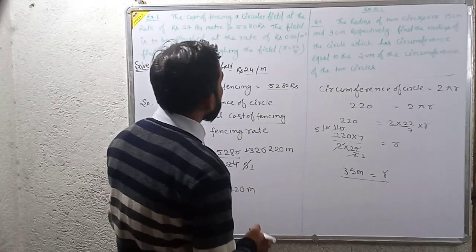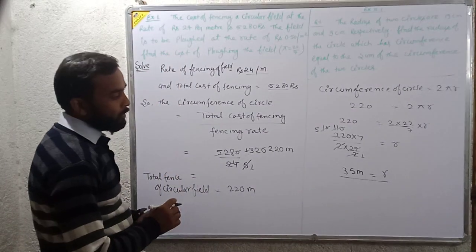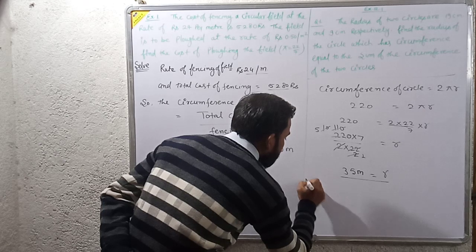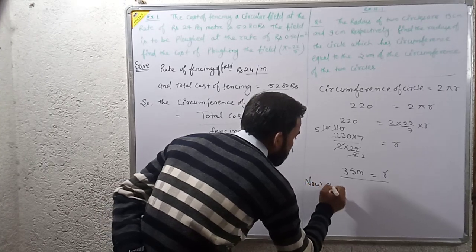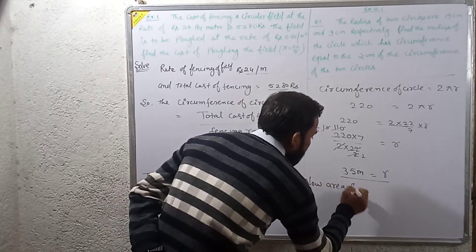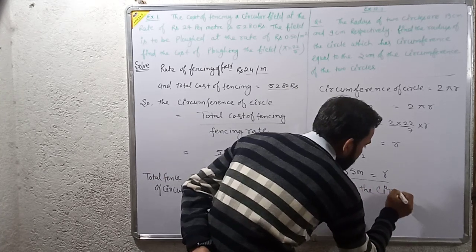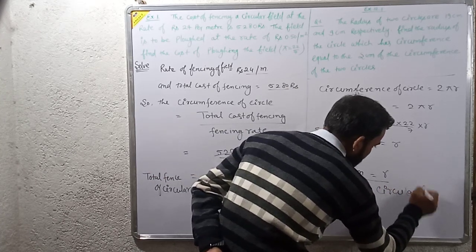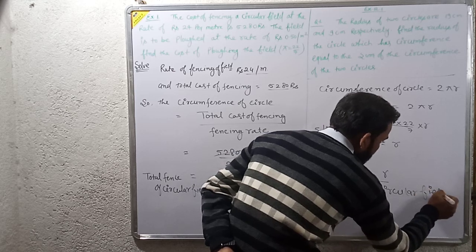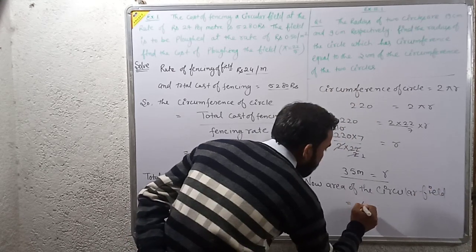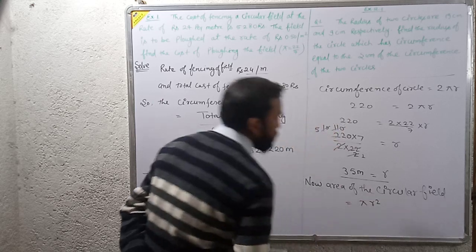Now we have to find the area of the circular field. The area of the circular field is equal to pi r square.